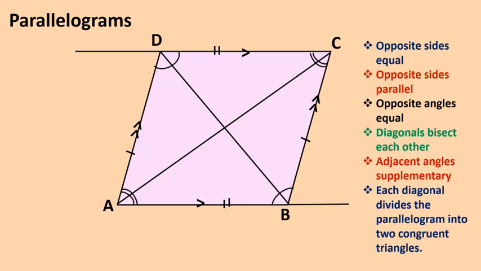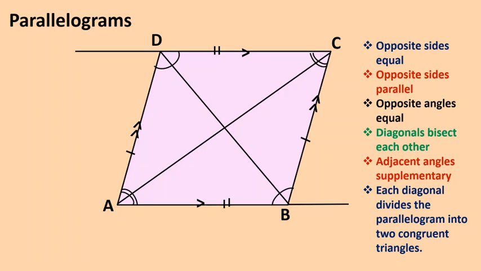So they intersect at the midpoint of each other. Which are the diagonals here? AC and BD. Correct? So the midpoint of AC and the midpoint of BD is the point of intersection of the diagonals. They meet at each other's midpoint.